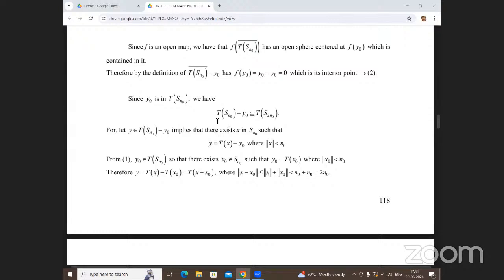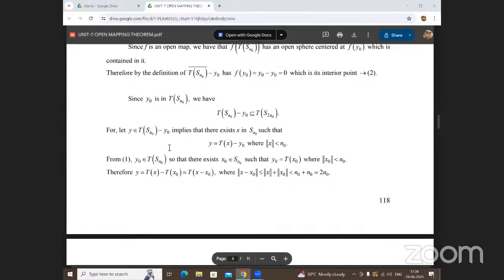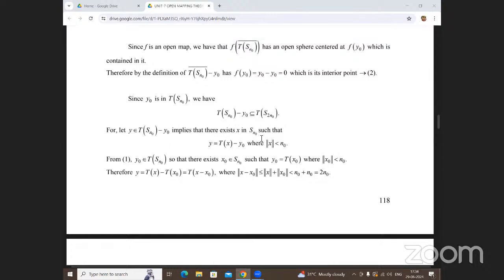So continuing in the same process, T of Sn naught minus y naught, here one of the elements is y. So there exists an element x in Sn naught such that y equals T of x minus y naught, because here x is any one of the elements in the open sphere, where n naught is the center. So replacing the center n naught by x, T of x minus y naught, that value is say y.